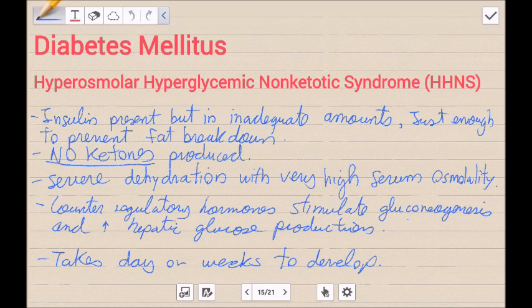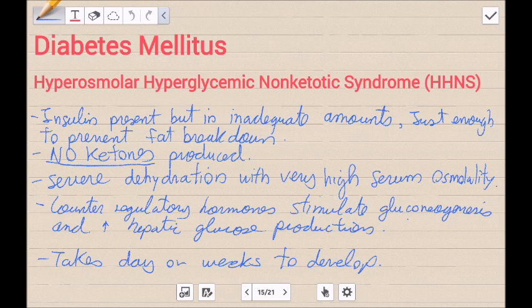energy available. So what it ends up doing is breaking down more glycogen into glucose, starting the process of gluconeogenesis in an attempt to increase the blood sugar available so that the body can use it. But it doesn't know that it doesn't have insulin, or at least that it doesn't have enough insulin.